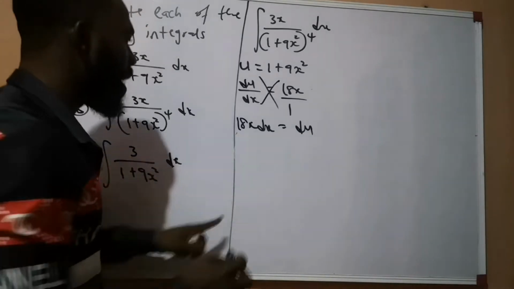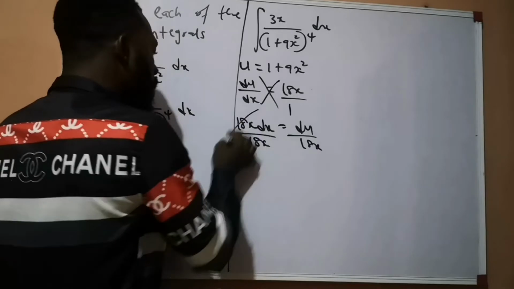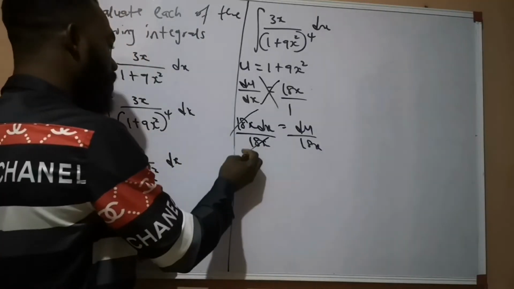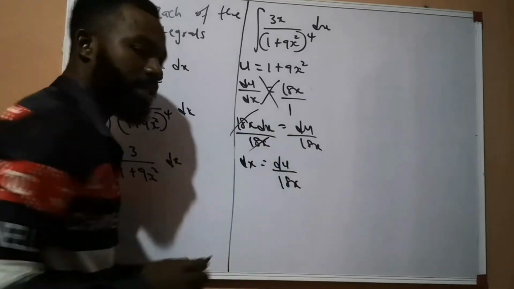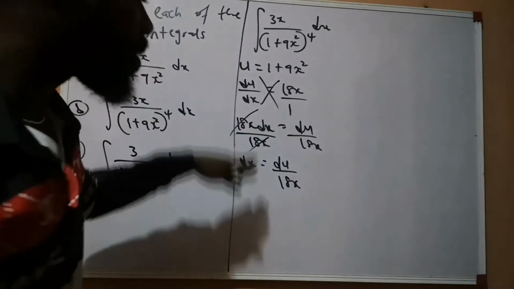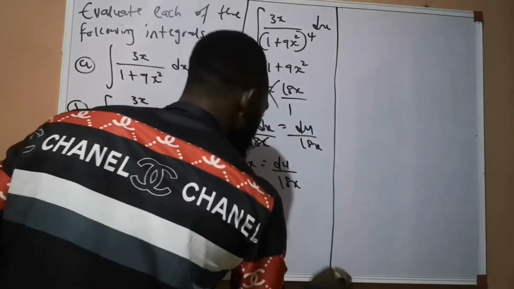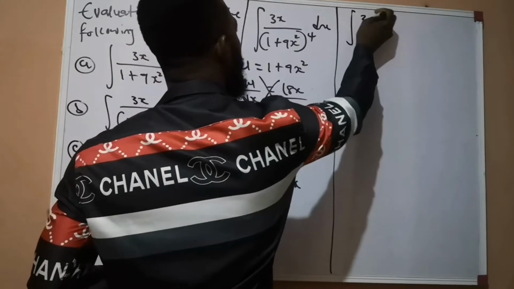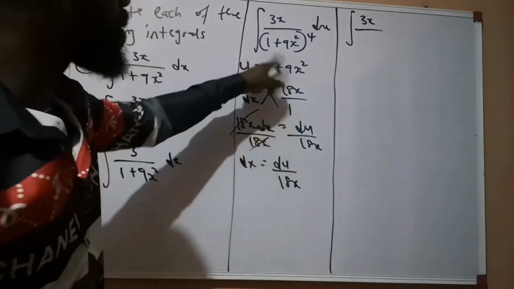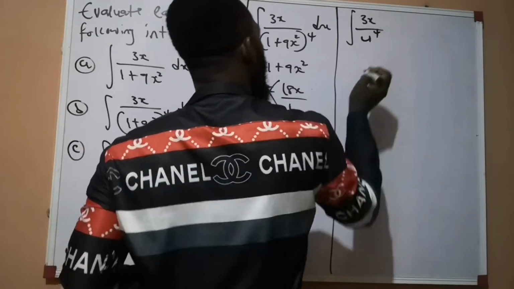Now for us to get dx, I have to divide both sides by 18x. When 18x cancels 18x, what do I have? dx becomes du over 18x. Once we have gotten dx, the next thing we have to do is again rewrite the question. Very important. So when we write this question, we're going to have the integral of 3x over, and don't forget what is in the bracket now is u, so u raised to the power 4.